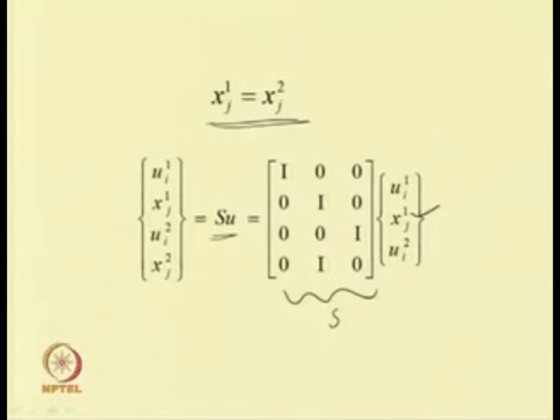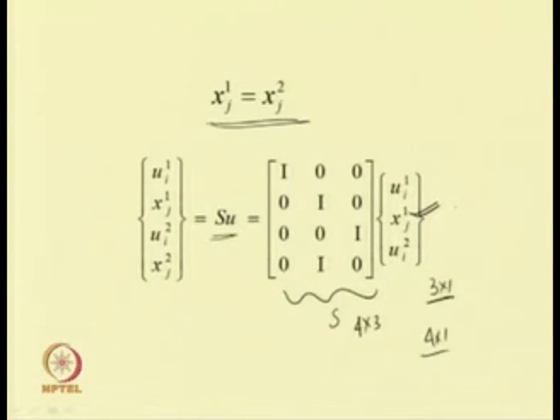So we can write using this xj1 then uy2. This is a 4 by 3 matrix, and this is 3 by 1, so finally this becomes 4 by 1. So this is ui1, xj1, uy2, xj2, and we can replace this vector by uy1, xj1 and uy2.